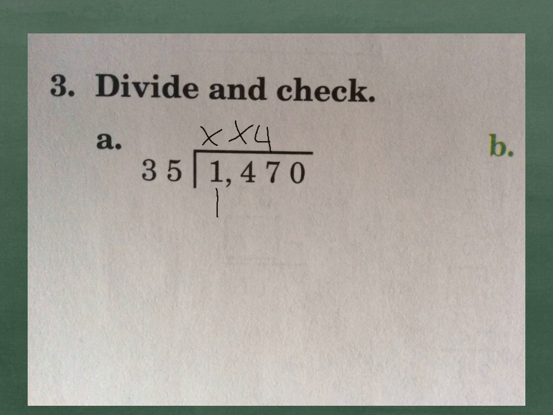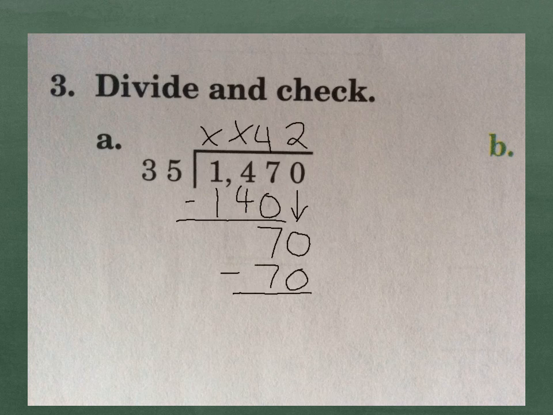It'll work. 140. Subtract, we get 7. Bring down our 0, and we get 70. And now we ask ourselves, how many times does 35 go into 70? Goes in 2 times. And 35 times 2 is 70, so it goes in evenly here, without a remainder.